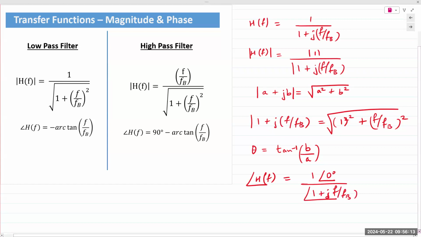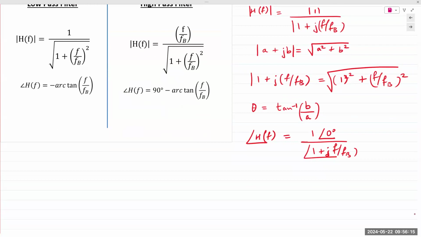The angle for 1 plus j f over fb would be tan inverse of f over fb divided by 1, which would be tan inverse of f over fb.